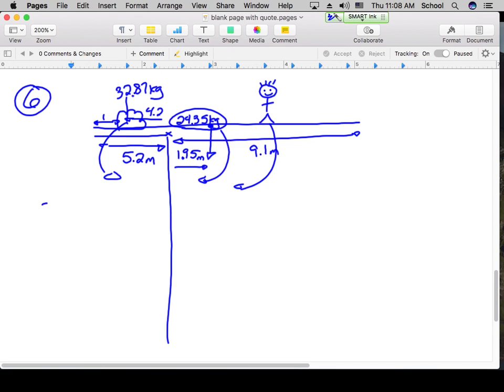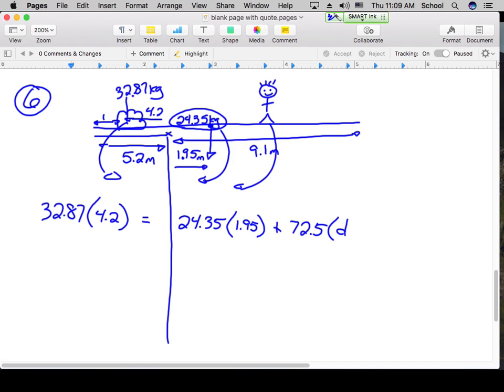So first we're going to say we have our 32.87, which is 4.2 away from the pivot, and that has to equal the board, which was 24.35, which we said was 1.95 away from the pivot. And then you have you, and we said your mass was 72.5 times your distance.